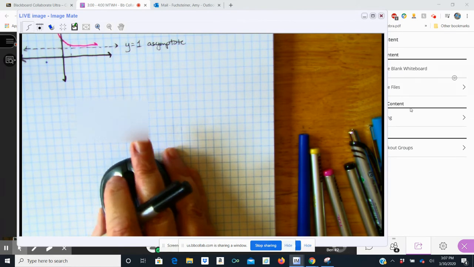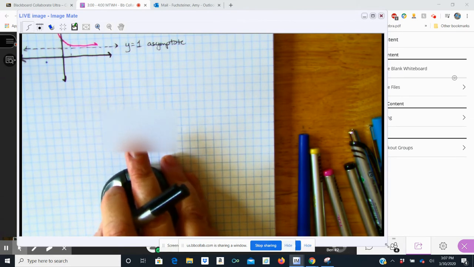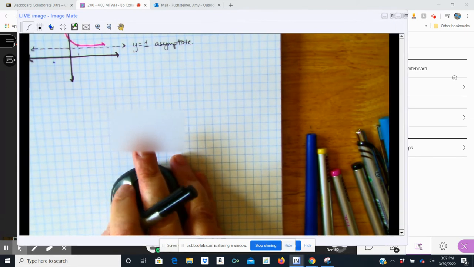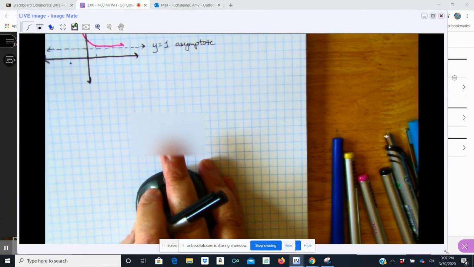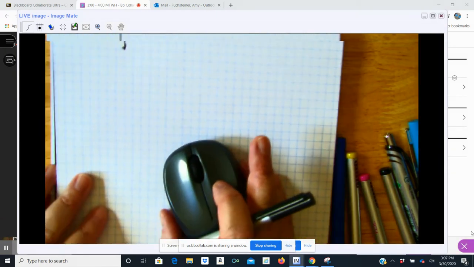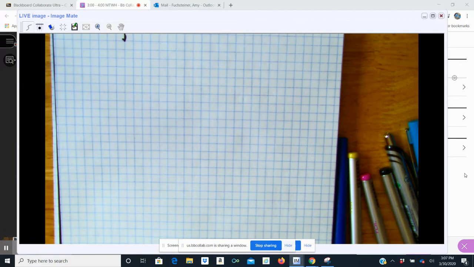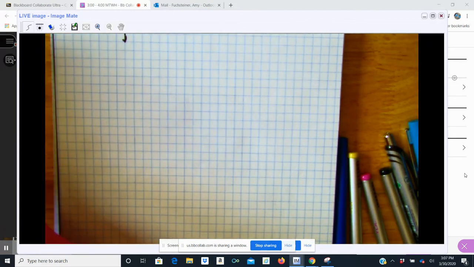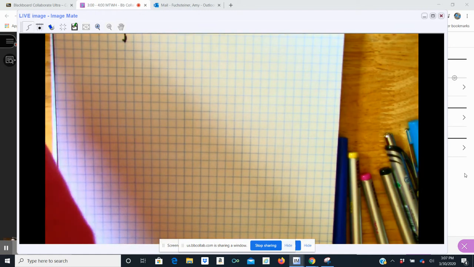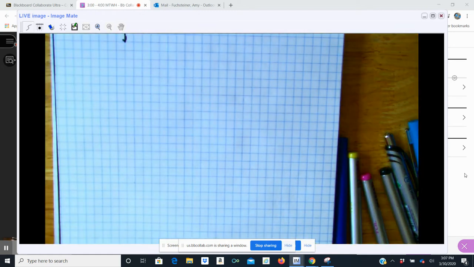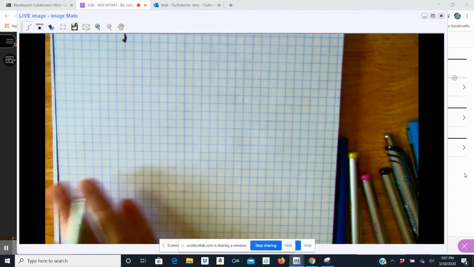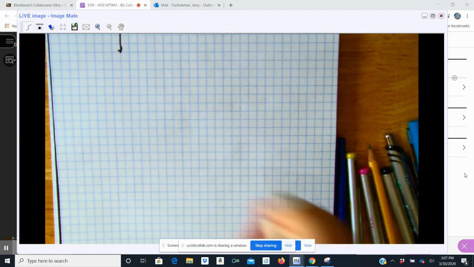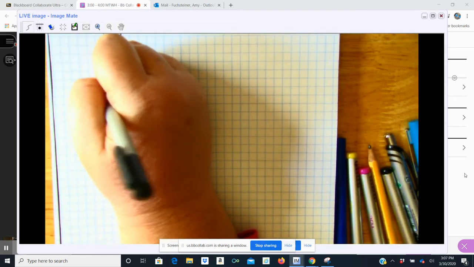All right, you can see the screen at this point, I think, right? All right.